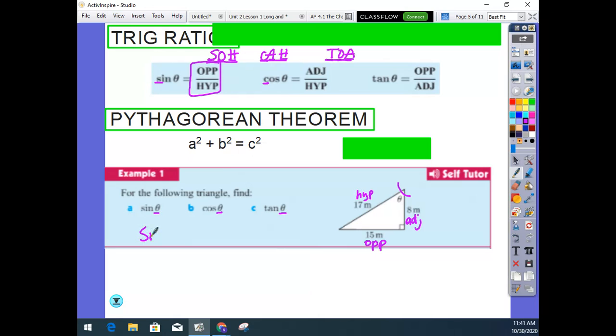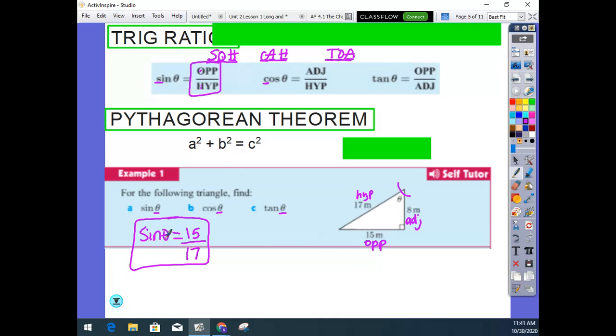Because sine of theta is O over H, opposite over hypotenuse, my opposite side is 15 over my hypotenuse side, which is 17, and always make sure it's reduced. This is my final answer.